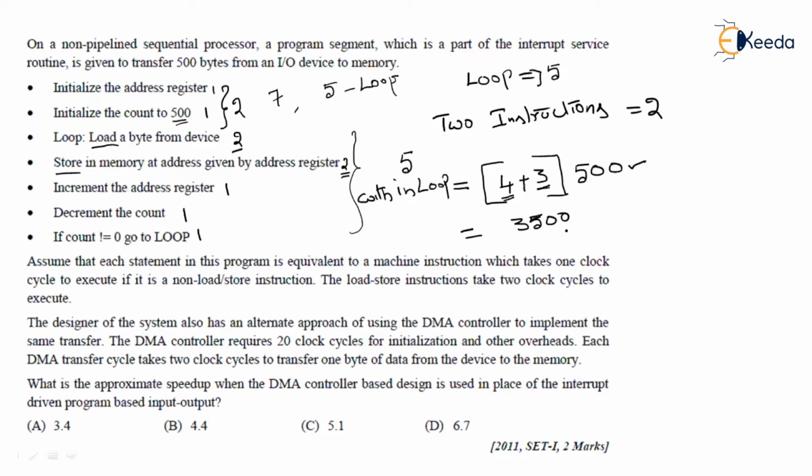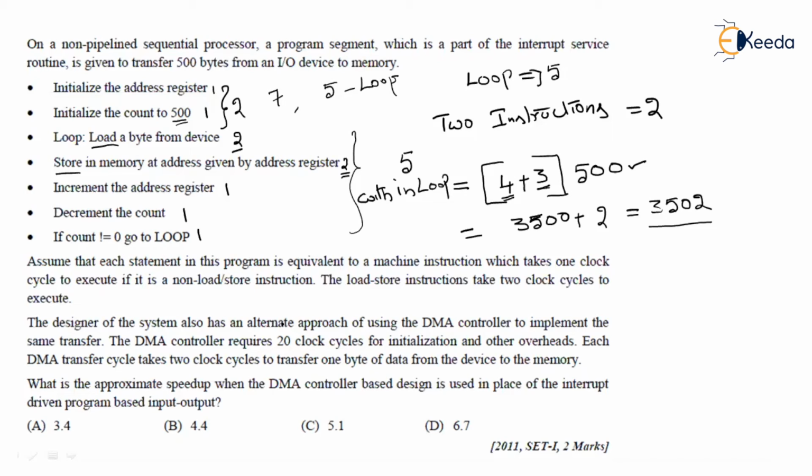That is 3500, plus outside the loop there are 2 clock cycles. So in order to execute the total program, we require 3502 clock cycles in this processor.